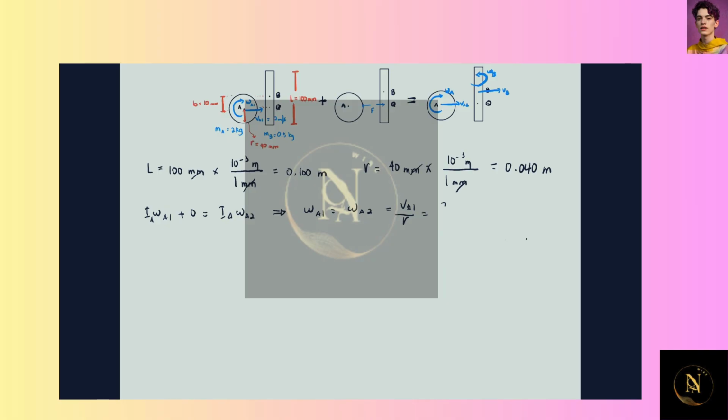So this is 2 meters per second over 0.040 meter, which is equal to 50 radians per second. This is one of the quantities that we are required to solve in the problem.